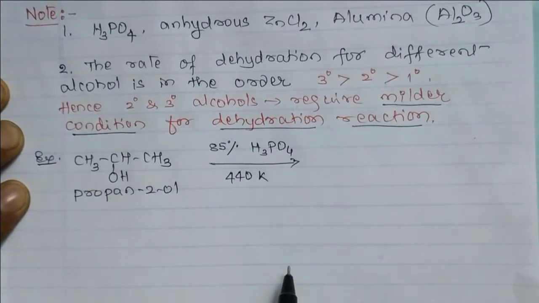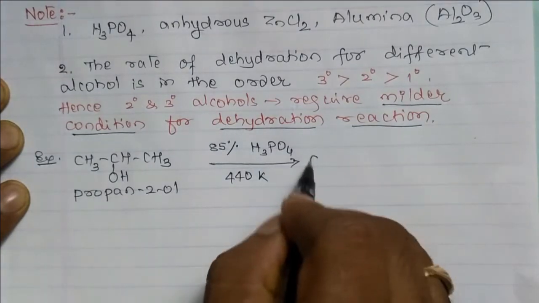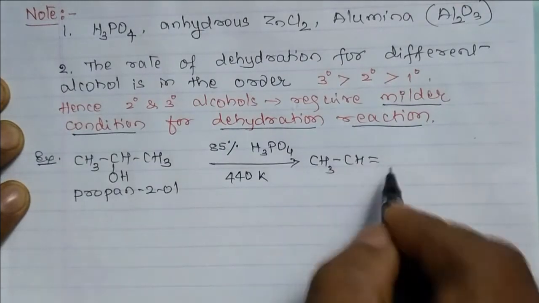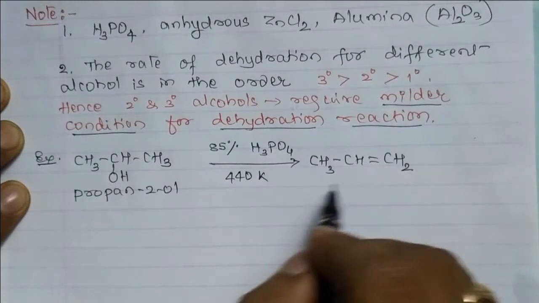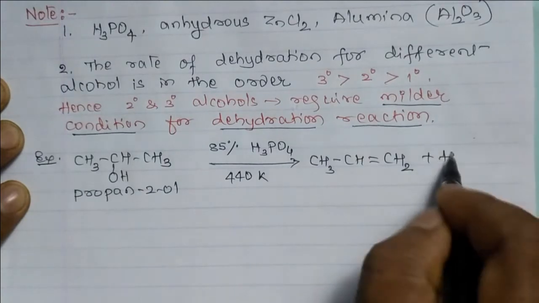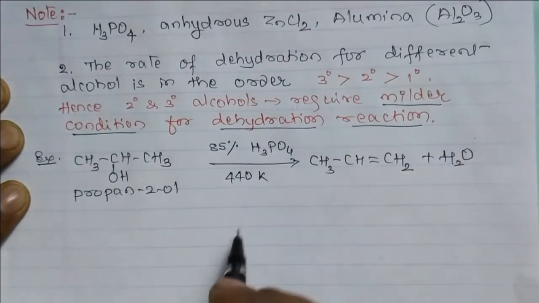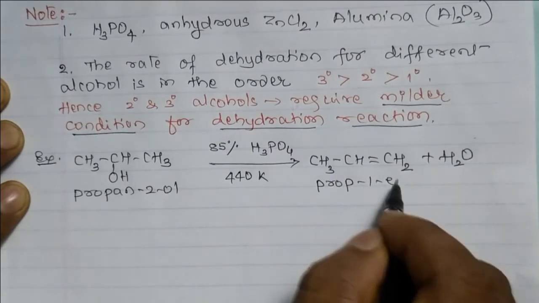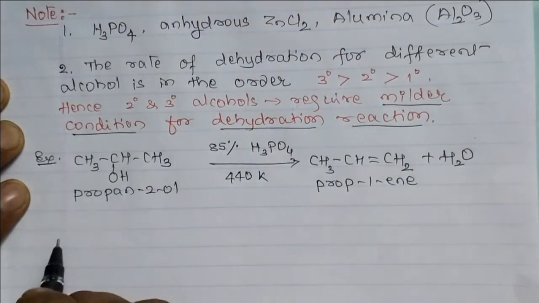At 440 Kelvin, we are going to get an alkene, CH3 CH double bond CH2 plus a molecule of water. This is prop-1-ene. This is a secondary alcohol.